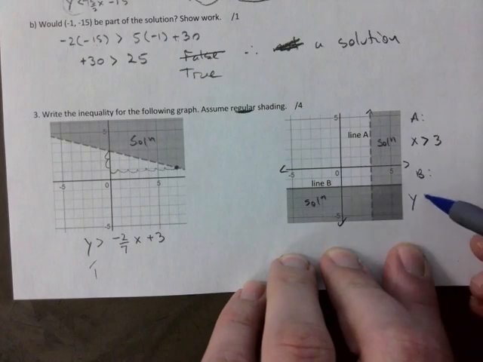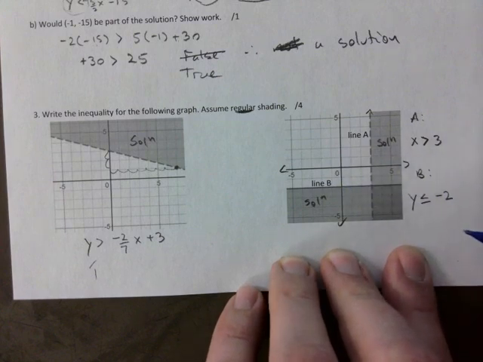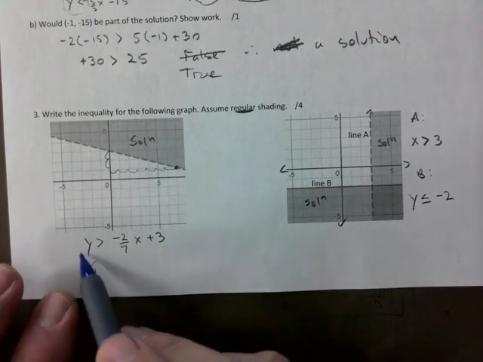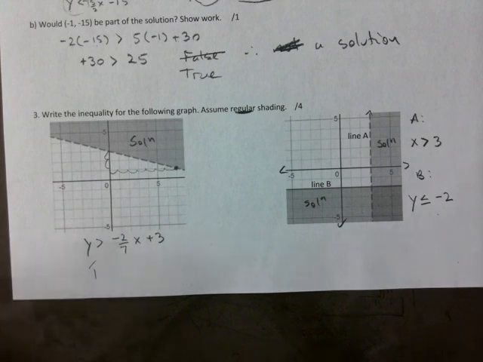True is below, and it's solid, so it would go like this. And this is negative 2. So 1 mark for each of those. 2 marks for this one, 1 and 1, because these are easy to do. Should be. Easier.